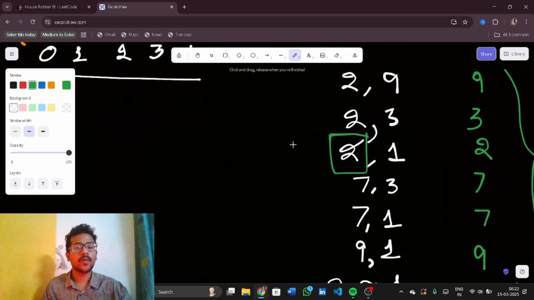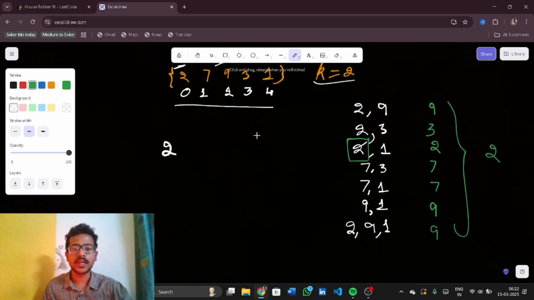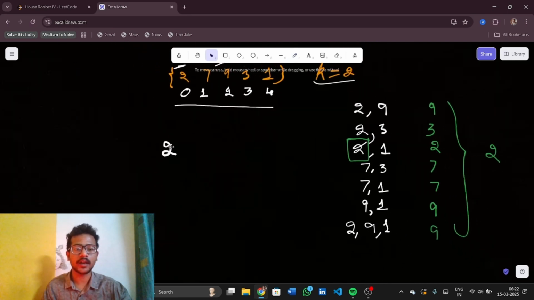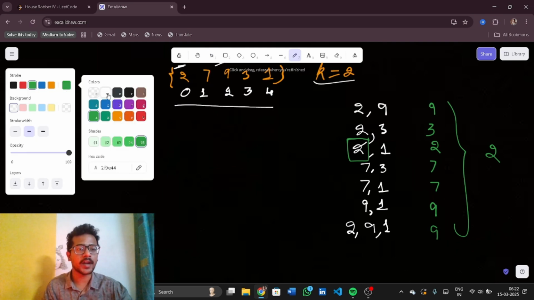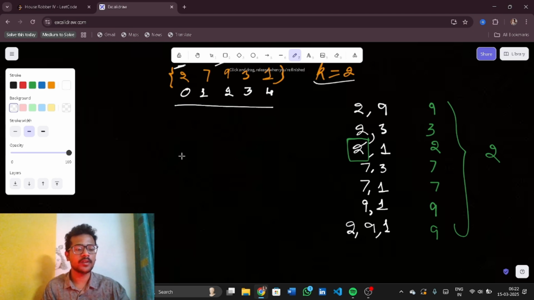Now I have all the values which are in my nums array. I have the minimum value, which is 1. 1 is the house I can rob.